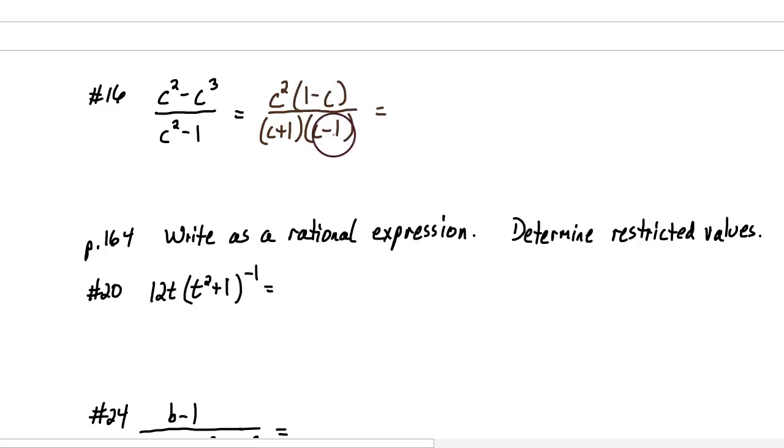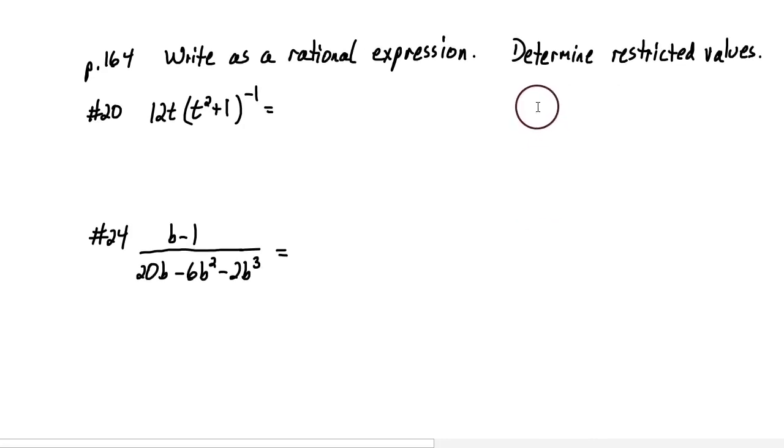Two factors that are inverses of each other. When you cancel them, you're left with -1. So in the top we have -1 c squared, and in the bottom we have c plus 1. You might write this as just negative c squared all over c plus 1.